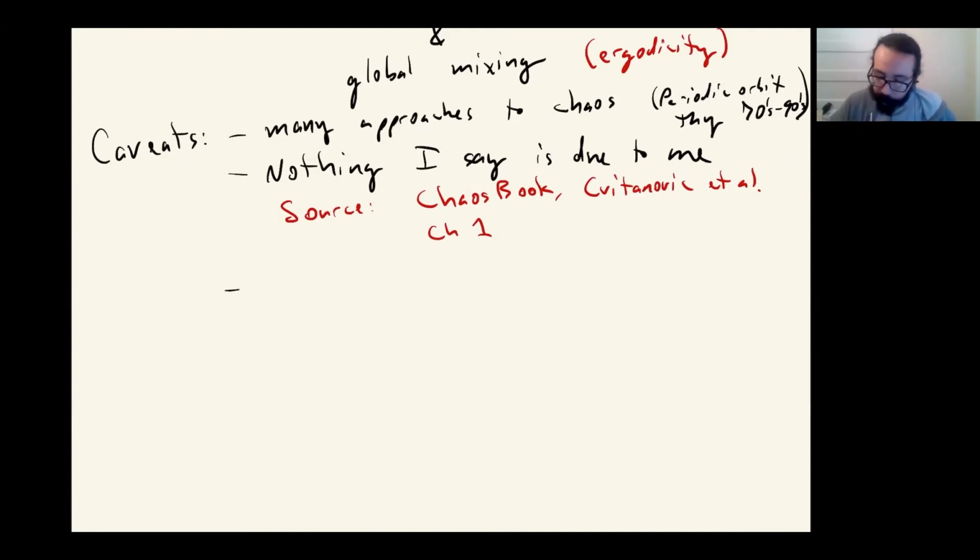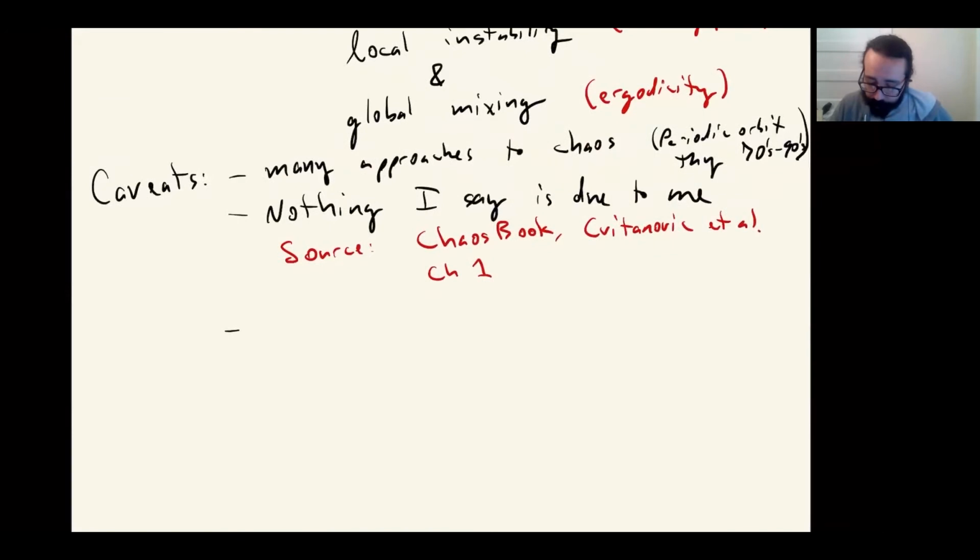Right. So other caveats for the approach we're going to talk about today: we want to think about few degrees of freedom.